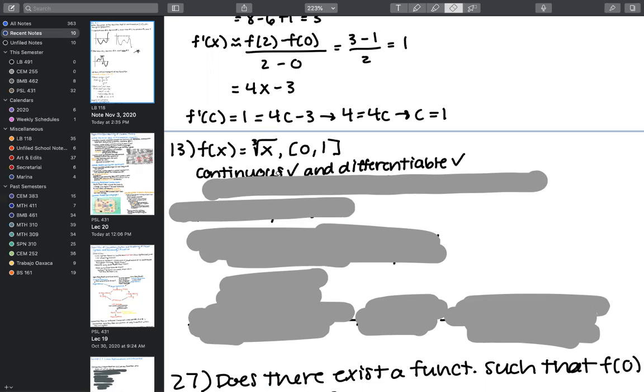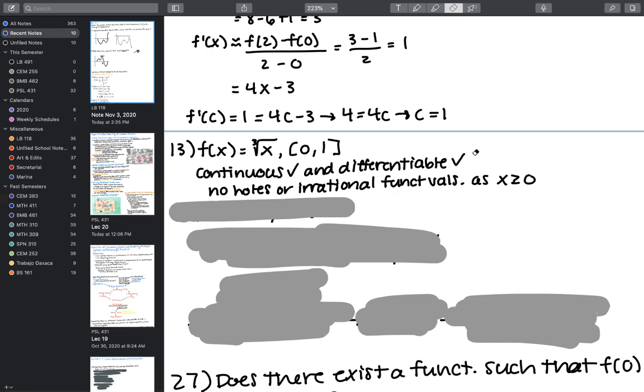It's worth pointing out why this is continuous and why it's differentiable. So I make a little note here. There's no opportunity for a hole. There's nothing in the denominator. And there are no possible irrational function values that are going to come out of this cube root of x, specifically on 0 to 1.